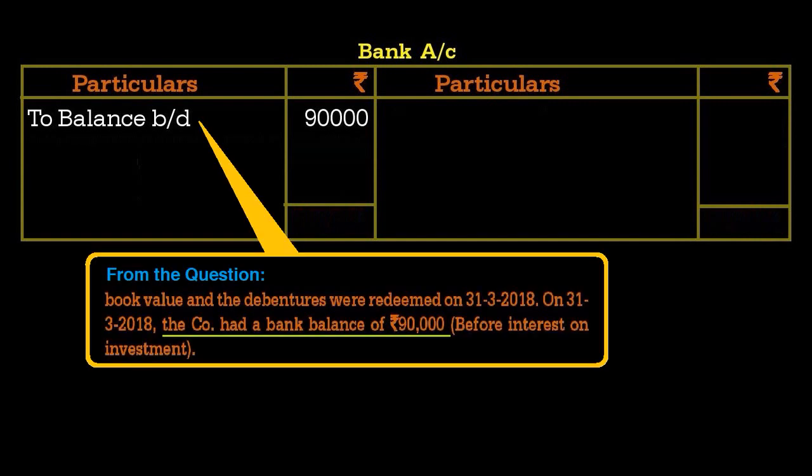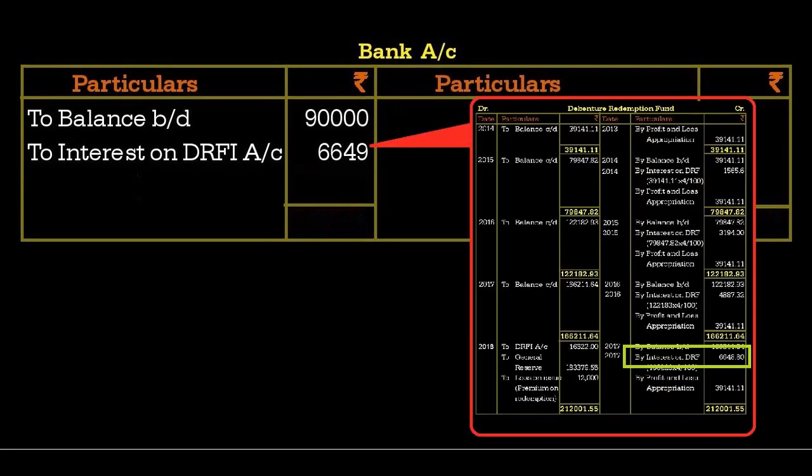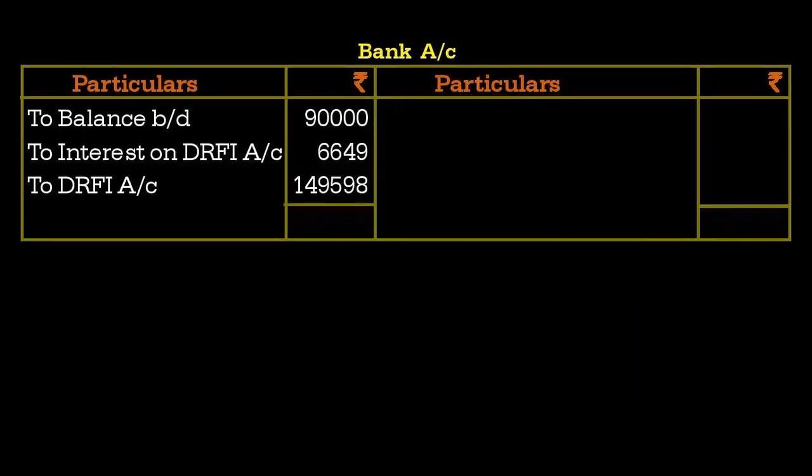Bank balance is 90,000 before interest on investment. So let us write that first. To balance brought down 90,000. It is given that this is before interest on investment, which means last year's interest is not added. So we have to add here, to interest on debenture redemption fund investment account, that is 6,649. After that, to debenture redemption fund investment account.